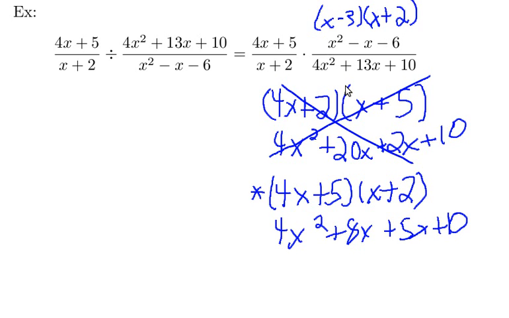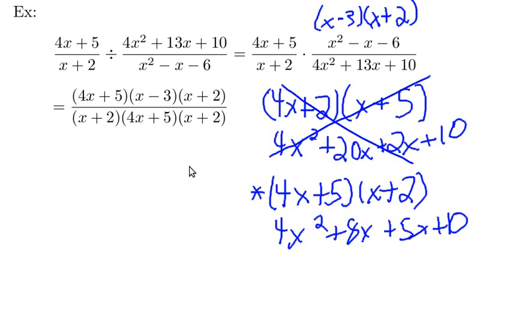In the numerator, x minus 3 times x plus 2, and then 4x plus 5 times x minus 3 times x plus 2. Then in the denominator, we'll have x plus 2 times 4x plus 5 times x plus 2.